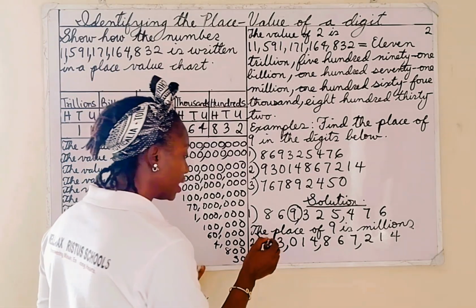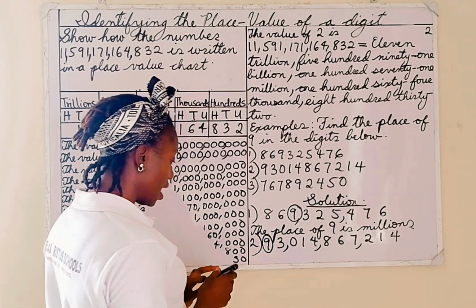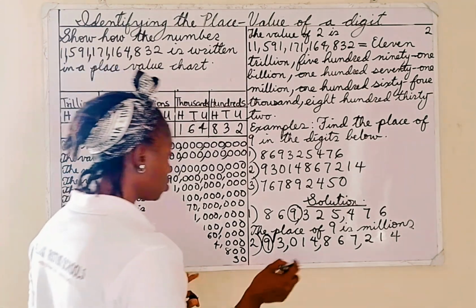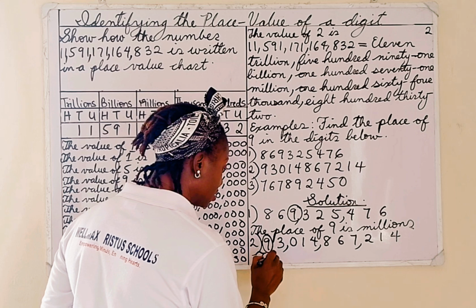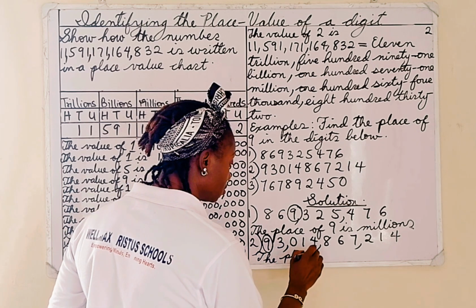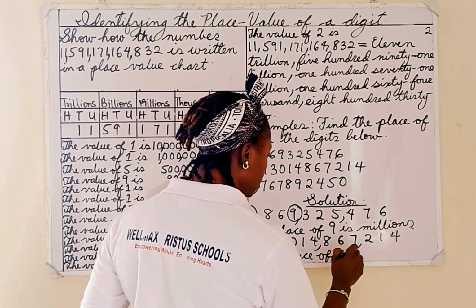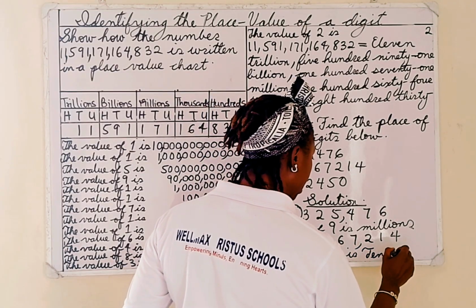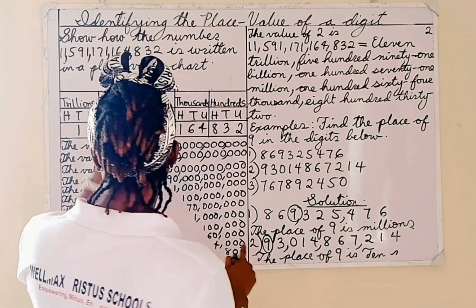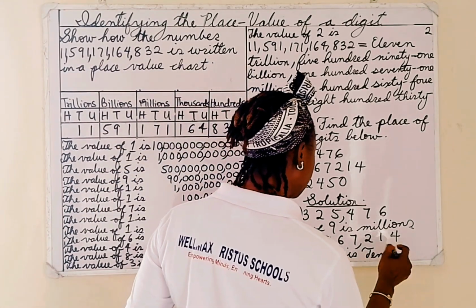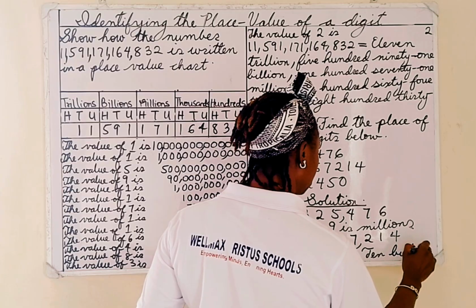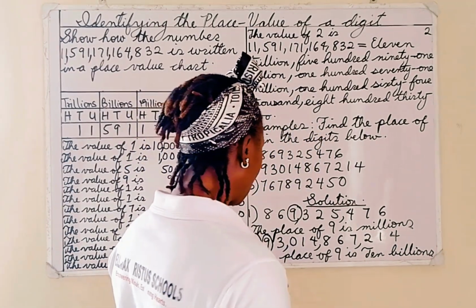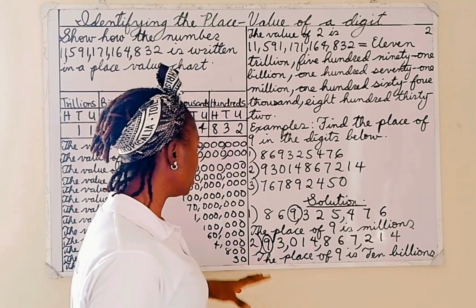Now to find the place of 9 here, this 9 falls under the ten billions place. So the place of 9 is 10 billions. Okay, and that is that for question 1 and 2.